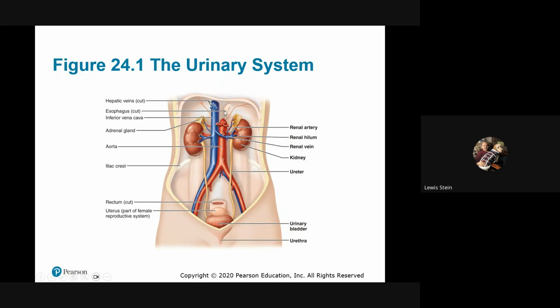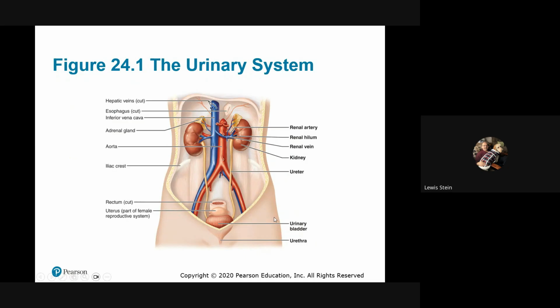In other words, they're convex laterally and concave medially. And just like the lung, they have a hilum, or an entry area sort of within the middle of that concavity, where we have blood flowing in, blood flowing out, and also where the ureters exit and go way down, again, behind the abdominal viscera, down to the bladder, and so forth.